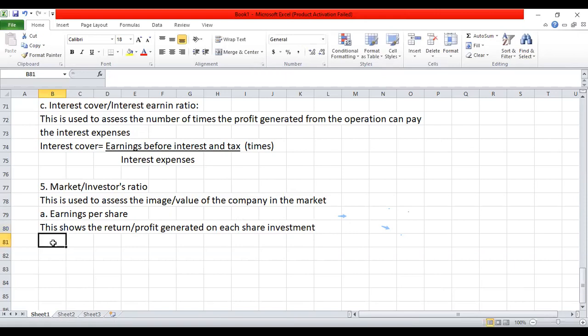So if you are computing your EPS, it is equal to profit attributable to ordinary shareholders, then divided by the number of shares.